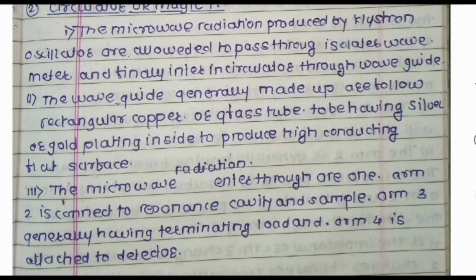So the path of this radiation will be from the source to the isolator, then into the wave meter, and in between we can have the attenuator.